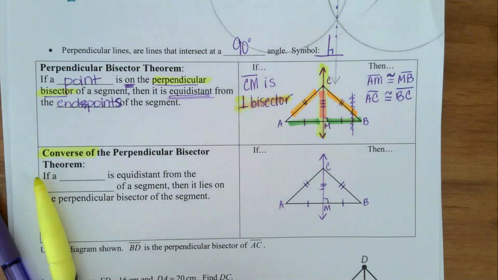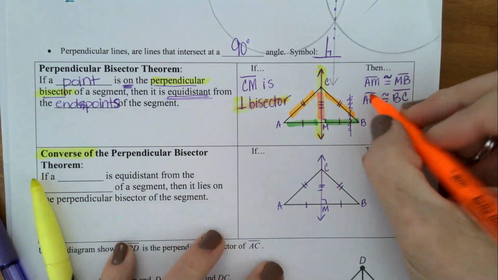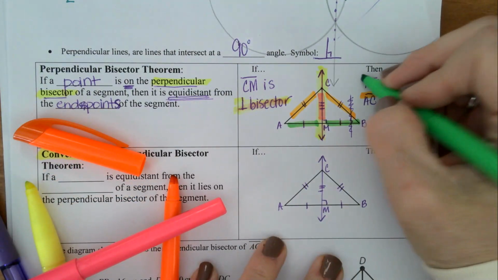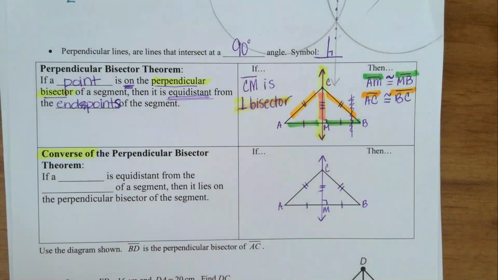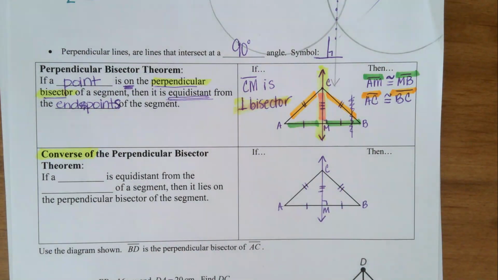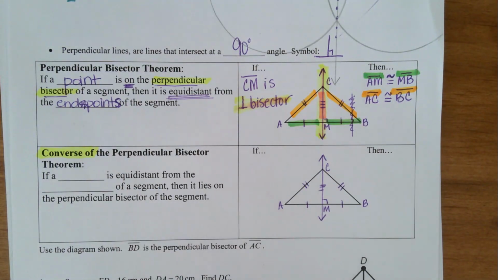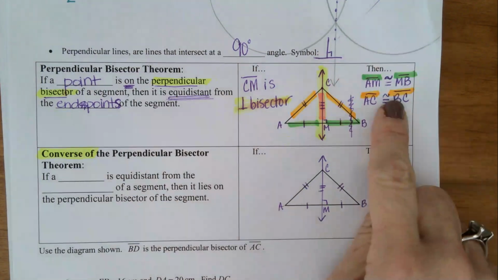And then again, if you're someone who wants color, so those and those, you don't have to color anything. I'm just showing you. Everybody got that? So we're going from the perpendicular bisector to the congruent segments.